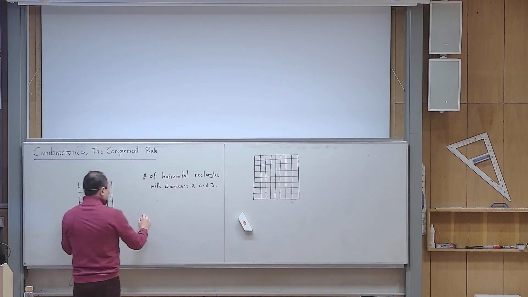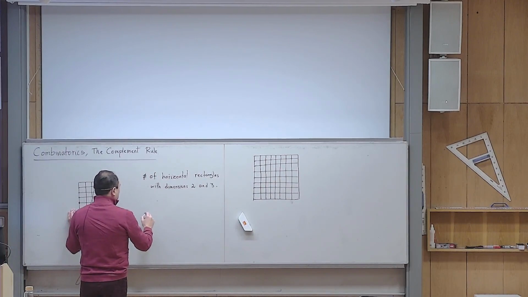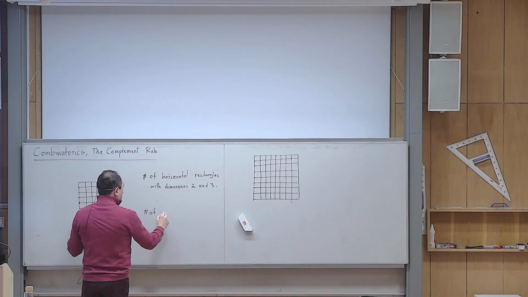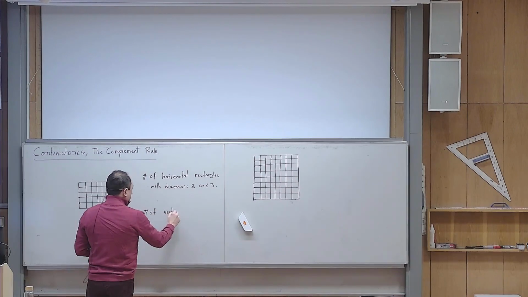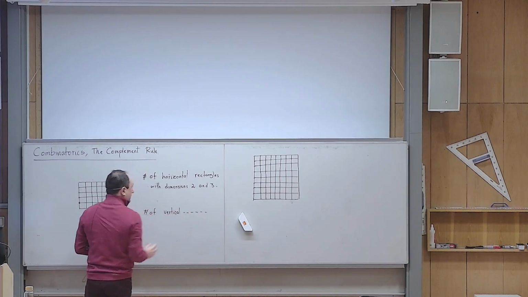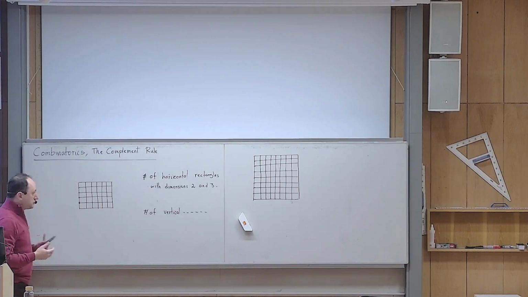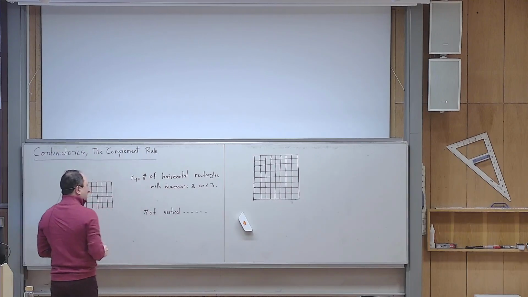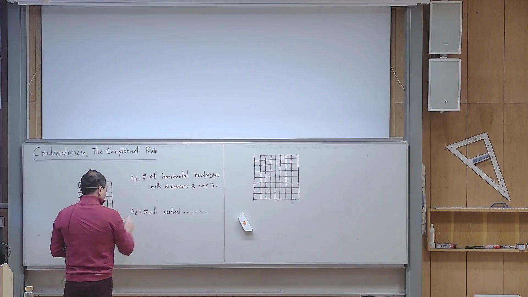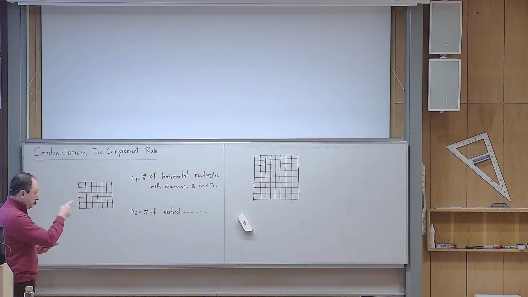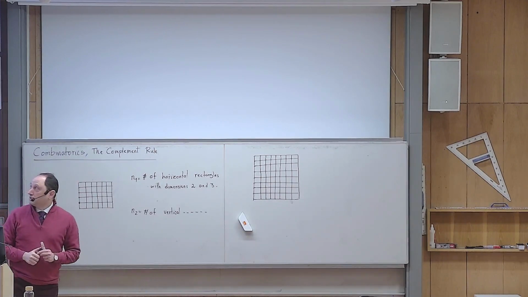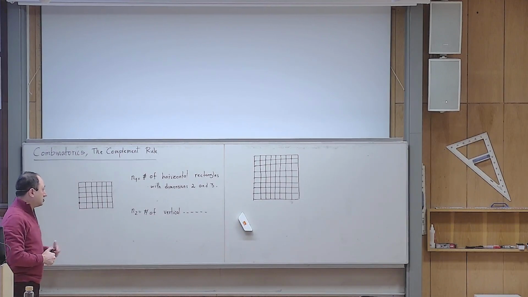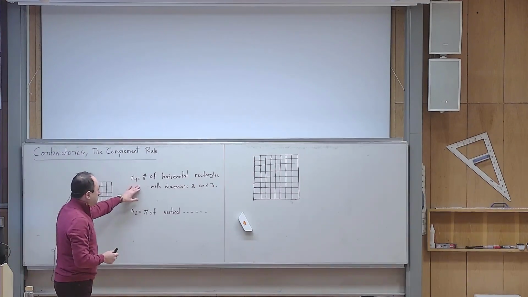And then I can also have the same thing: the number of vertical rectangles with dimensions 2 and 3. So you know that if I count the first number to be n1, and if I calculate this one to be n2, because there is no overlap between these two groups of rectangles, then it means that I can actually add them up. Okay, but now tell me, how can I count these numbers?